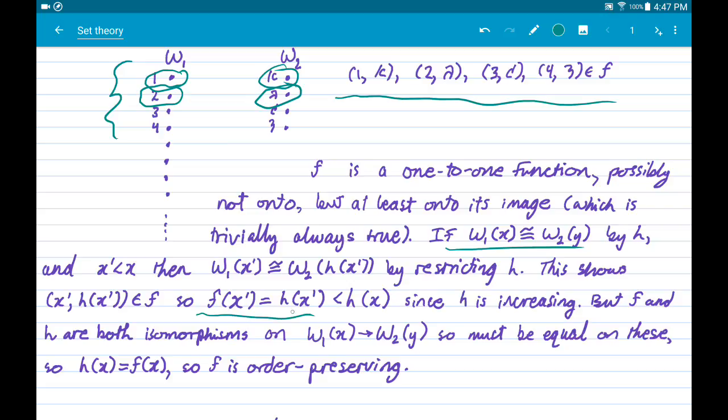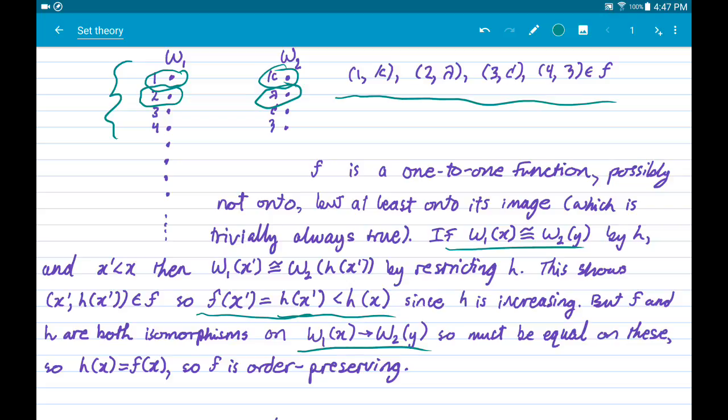We know that h is an isomorphism and therefore order preserving, so we get to say that that is less than h of x. Now, one other thing that is not hard to show is that both f and h are isomorphisms. I mean, we assumed h was an isomorphism. It's not hard to show that f must be an isomorphism on the initial segments.